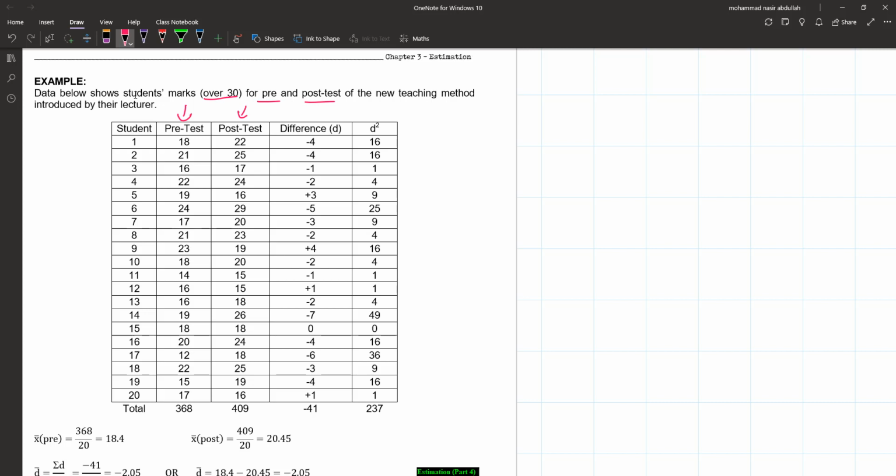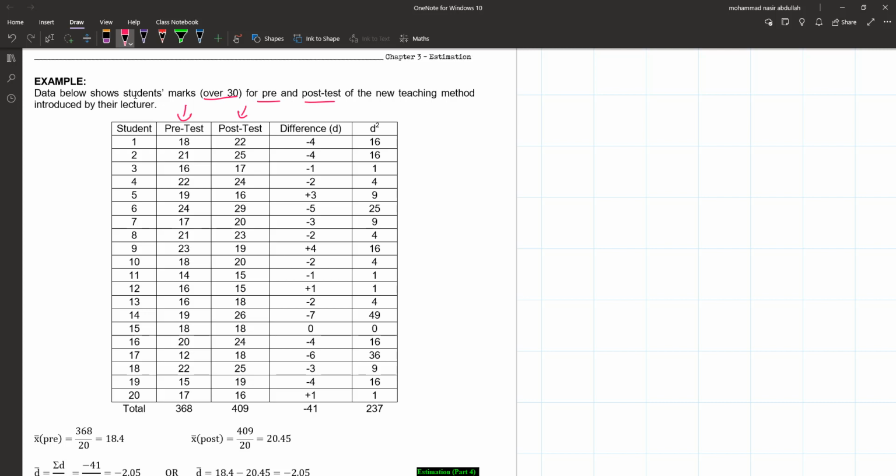So we need to measure the difference, in order to know whether the students have increased their level of efficiency, or stayed the same, or got worse, their level of understanding of the subject, in the new teaching method.